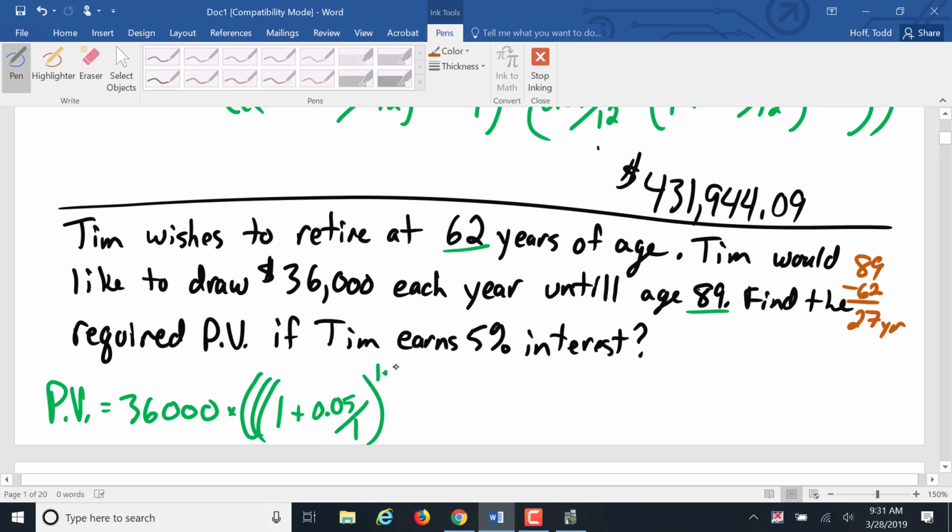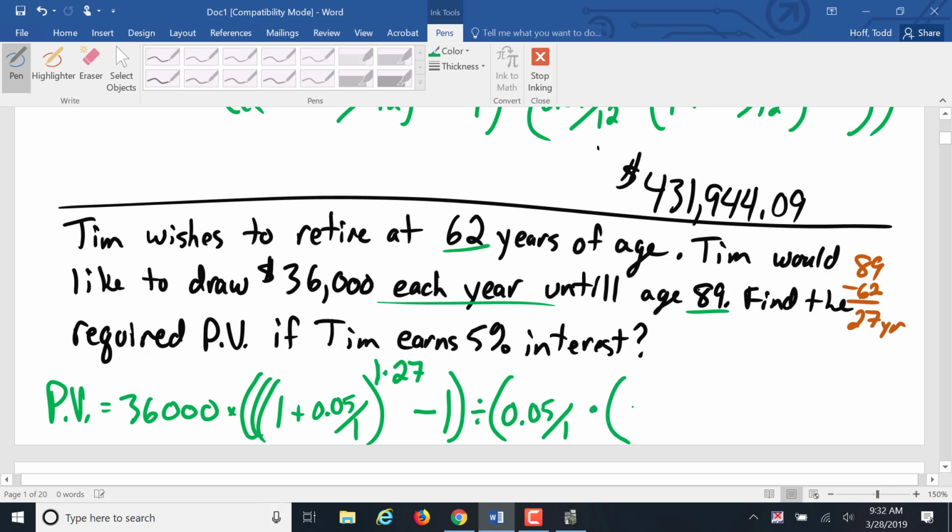So 1 times 27. Again, the 1 is once a year because we're drawing out per year. 27 years is how long they're going to do it for. Then minus 1, close parentheses, divided by, open parentheses, 0.05 divided by 1 again, because it's only once a year, times, open parentheses, 1 plus 0.05 divided by 1, close parentheses, 1 times 27, and then 2 close parentheses.